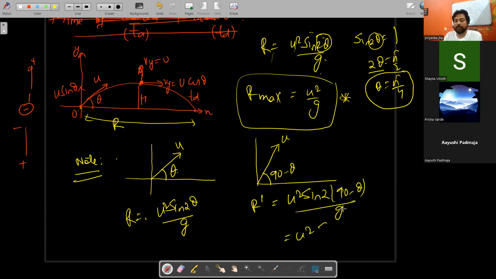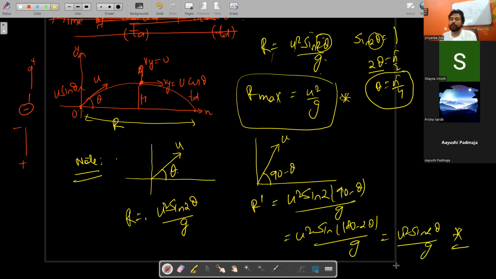So this would be sine of 180 minus 2 theta. And the value of sine 180 minus theta is sine theta only. So this is u square sine 2 theta upon g. This is a very important point: if you throw any object at complementary angles, the range will come out to be the same.